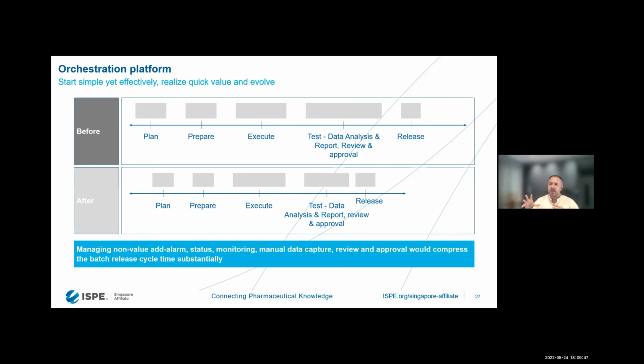What I mean by shortening the time is essentially around the data analysis, the report, the reviews, and the approval. And let me read this out for you: managing non-value alarm status, monitoring, manual data capture, review, and approval would compress the batch release cycle time substantially. So this is where our focus should be. Our efforts are towards that direction.